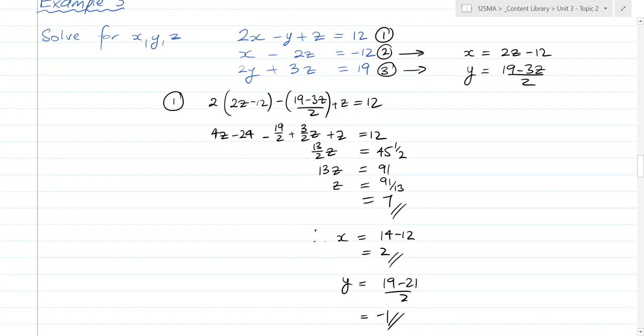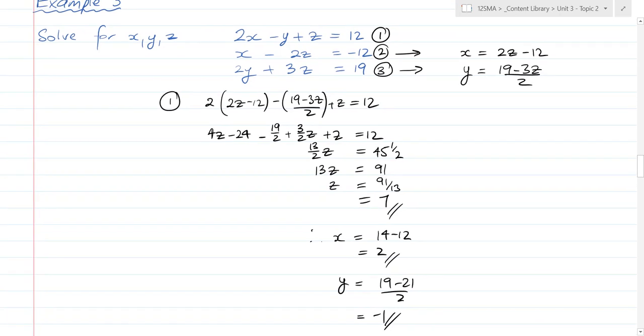If I put those 3 values back into equation 1, the original equation 1, that's my verification. Go back to the original equation I used to find the first variable. 2 times 2 is 4, minus y, which is negative 1, makes 5, plus 7 makes 12, so it works, and therefore my solution is verified.